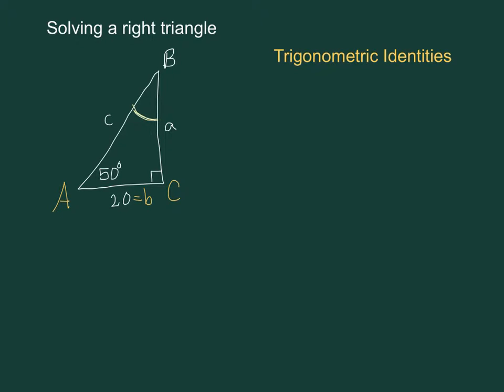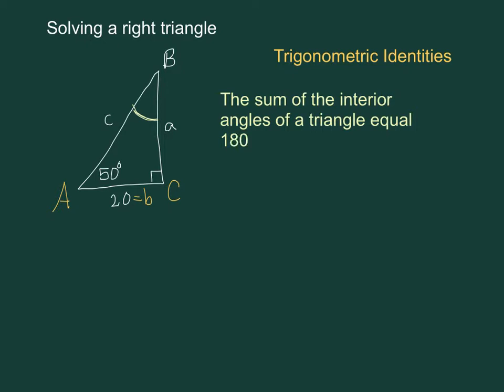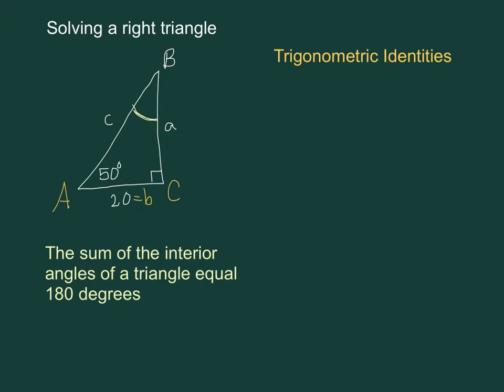Luckily for us, we know that the sum of the interior angles of a triangle equals 180 degrees. What's great is that I also know this is 90 degrees because it's got the little square.